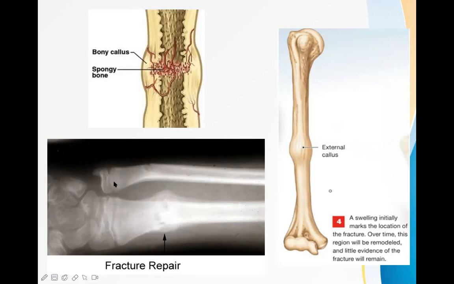This is the radius bone, and this is the ulna. Now, this is the external callus, which is swollen, and this swollen area would disappear within a few years, and a smooth and straight line would be there. That is called modeling of the bone.